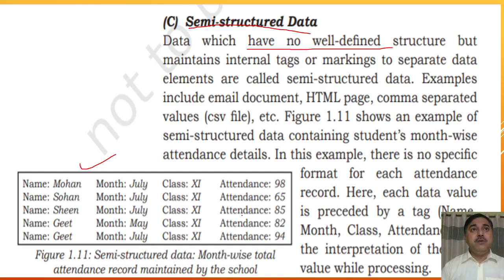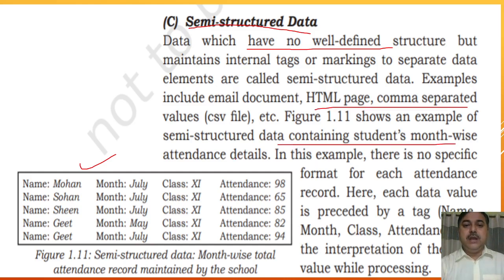This is how we can work on different patterns of data, like an HTML, hypertext markup language page, when we are designing different types of figures, or constructing student data or a database, with attendance and so on. This type of data is known as semi-structured data. Clear?